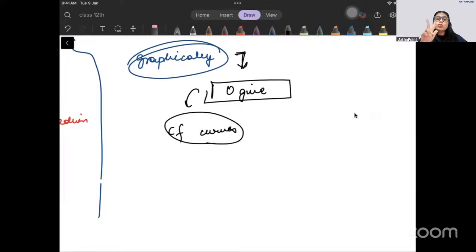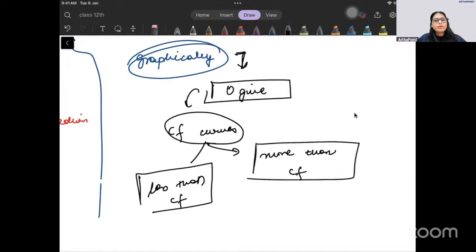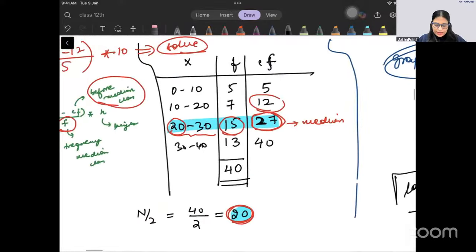So we draw two CF curves. एक को बोल देते हैं हम less than CF curve and एक को हम बोल देते हैं more than CF curve. Right? And wherever these two meet, that is what becomes your median.